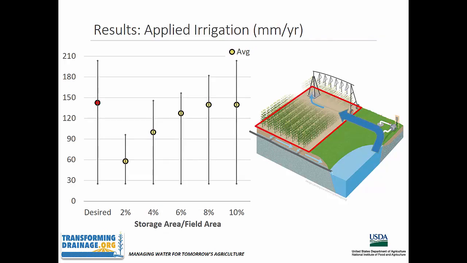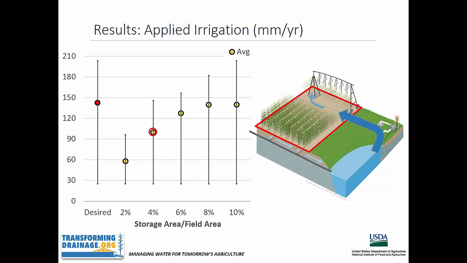But what about the other management goal of providing a water supply for supplemental irrigation? In this graph, the amount of desired irrigation, if water supply was unlimited for a corn crop at DPAC over the course of the 10-year period, is shown on the left in red.